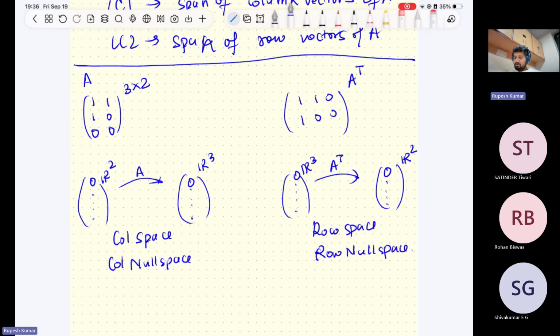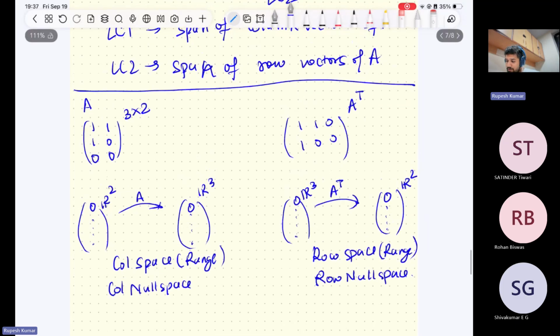For a given rectangular matrix, you can find the range, basically the column range. Let me type a range here. This is basically the range space. So you know how to do this for general rectangular matrices. So you have two different matrices, A and A transpose. You can always figure out these things. Is this clear, everyone?